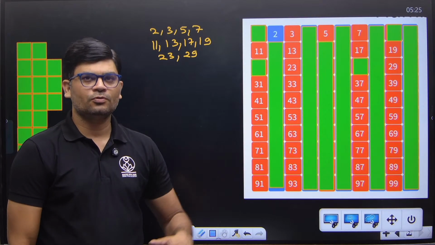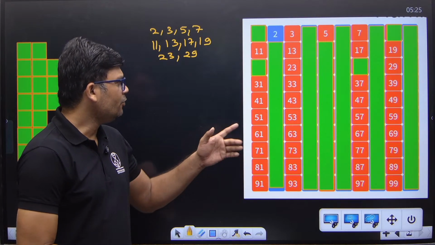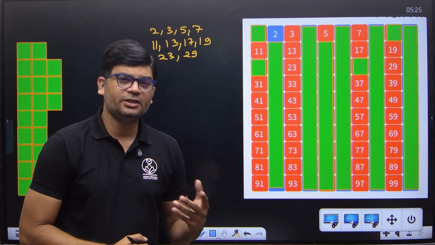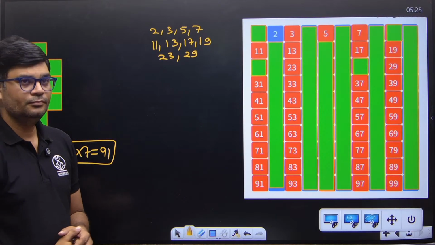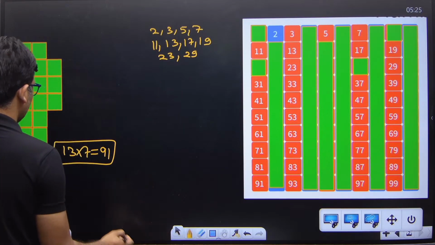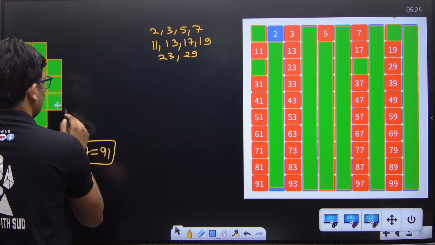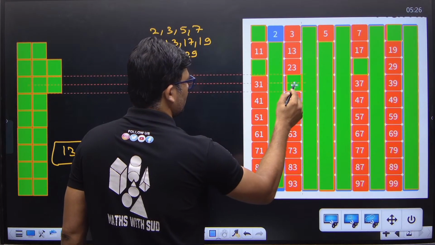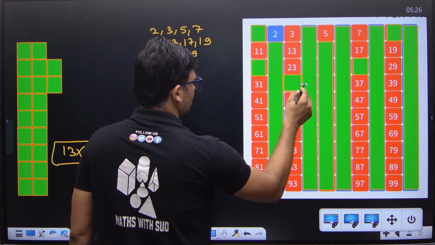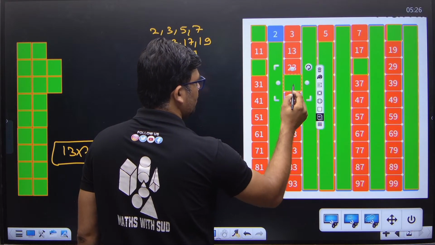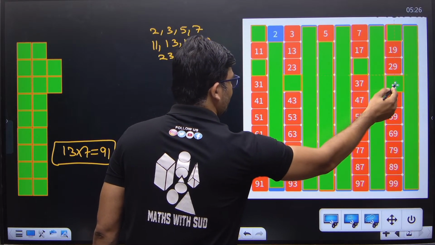In the next row, can you tell me a number which is divisible by 3? 33. Very good. And there will be one more number, 39.